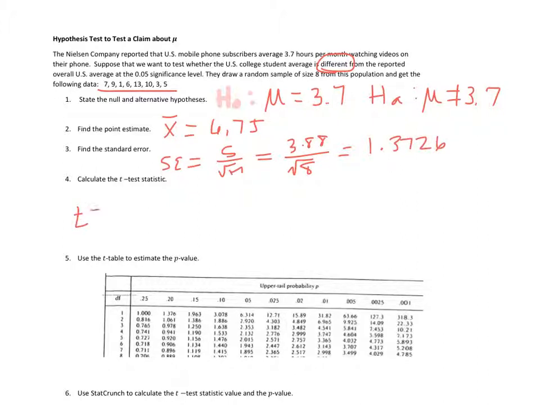So for your t-test statistic, we're going to try and assess how far away your sample mean is from the claimed population mean. To determine closeness, we use a test statistic. We'll calculate the difference to begin with in the numerator, so we'll take x bar minus our claim value of the mean, and then we'll divide by the standard error.